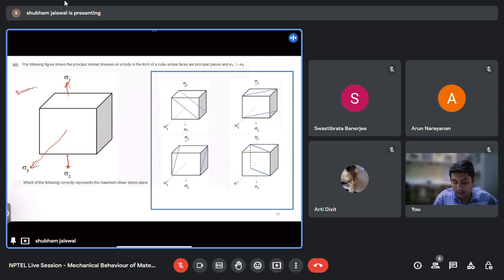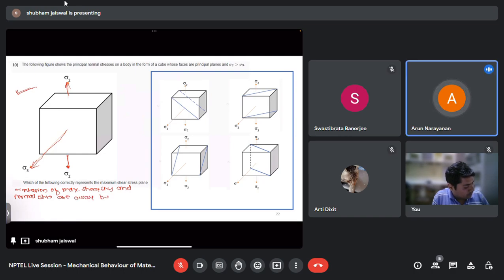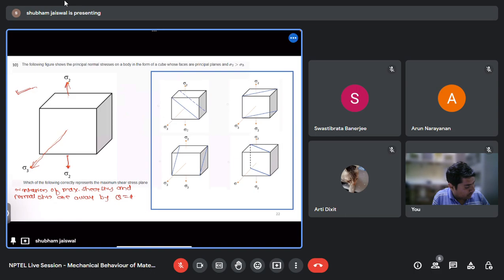Okay, let's see. We have seen that the orientation of maximum shear stress and normal stress are away by 45 degrees, theta equal to 45 degrees.